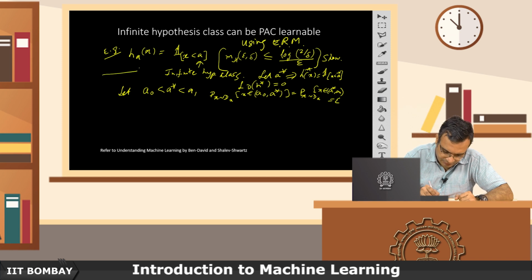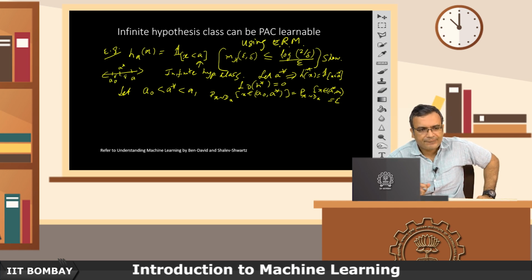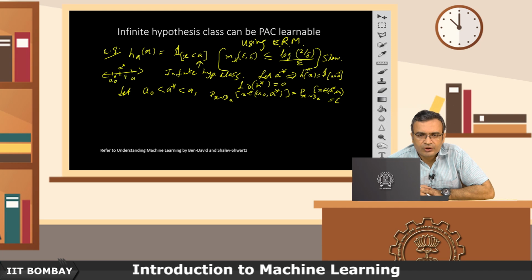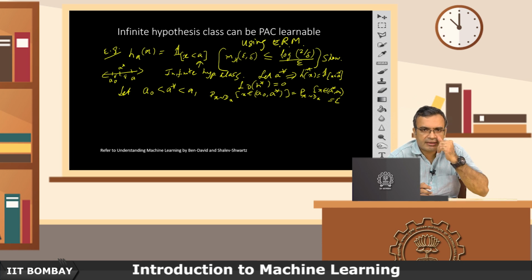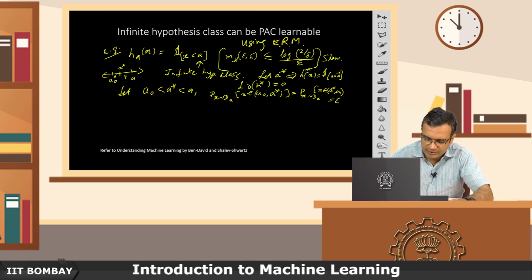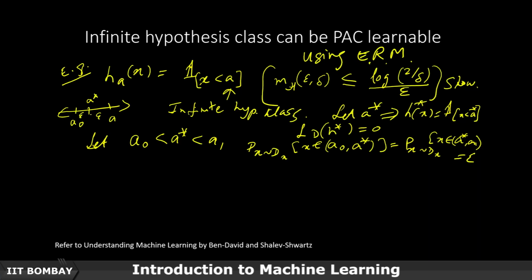So we have this line and we have a star, and we are taking an interval where we have a0 here and a1 here, and we have epsilon mass here and an epsilon mass here. You can see where we are going with this: we are going to show that the probability that we end up with a bad hypothesis is related to the sample size if we fix this epsilon. This is still based on the realizability assumption, that we are going to have zero risk when we have a star.